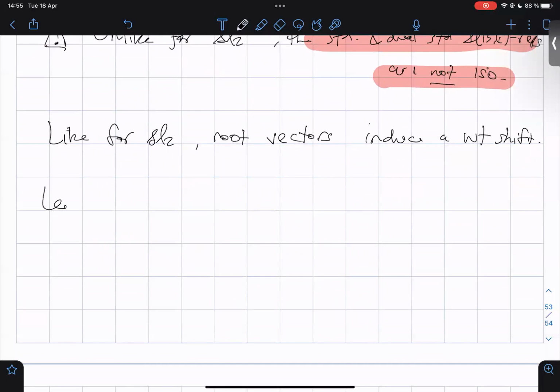And this is really not restricted to SL3. So the lemma. Let's take a root vector. Maybe these are negative roots, maybe these are positive roots. We haven't made that choice, it doesn't matter.